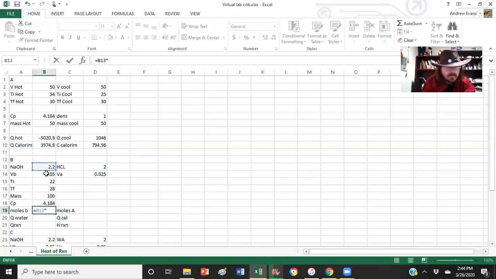Hypothetically, we're going to consider the limiting reactant when we do the last reaction. So when we do how much heat did the water absorb? Well, 100, the mass, times the heat capacity, times the change in temperature.